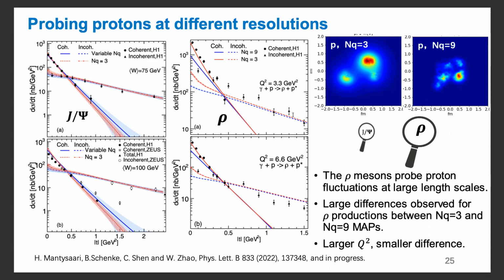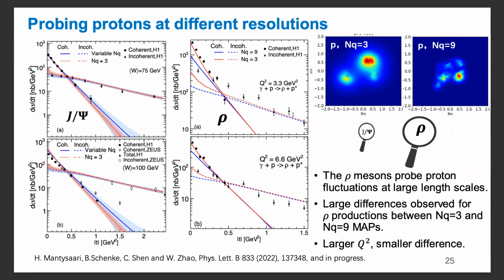So when the probe is larger, and you're comparing different numbers of hotspots. When you say that 3.3 GeV in Q squared cannot describe the data, just forget about data, just to see a difference. Okay, so what do I learn?